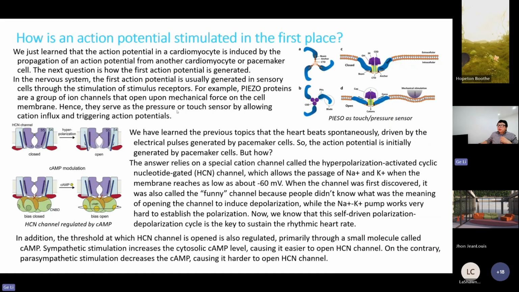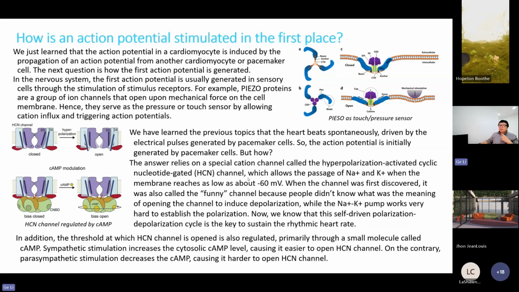There are several proteins you are required to remember for this semester, and this one is one of those. The full name is hyperpolarization activated cyclic nucleotide gated channel.